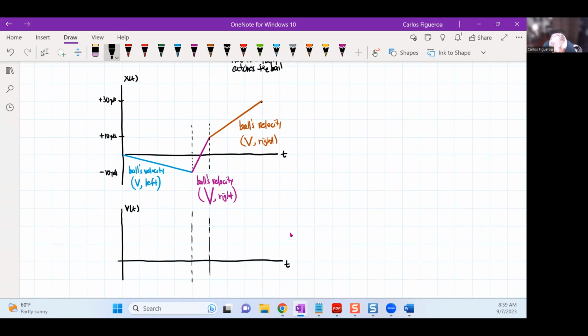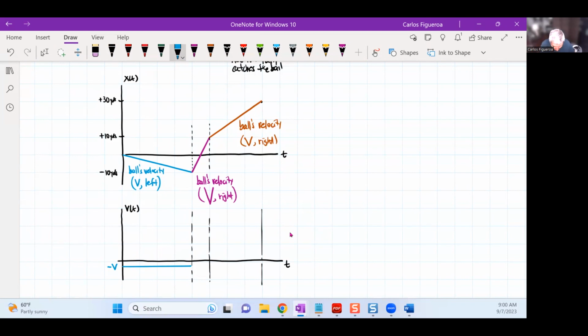Because I want to see my intervals so that we can clearly show them. So here I go. My speed is constant. So I have a low speed, and that velocity is in the negative direction.